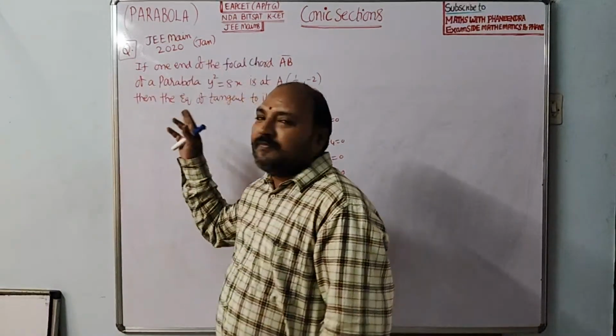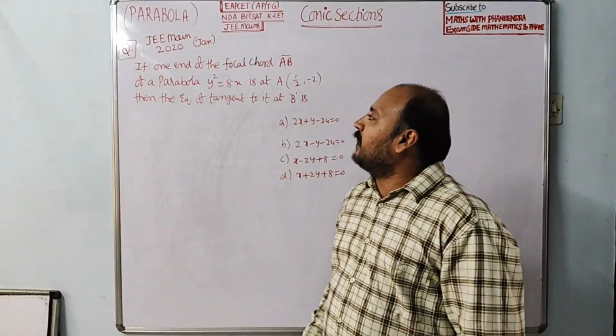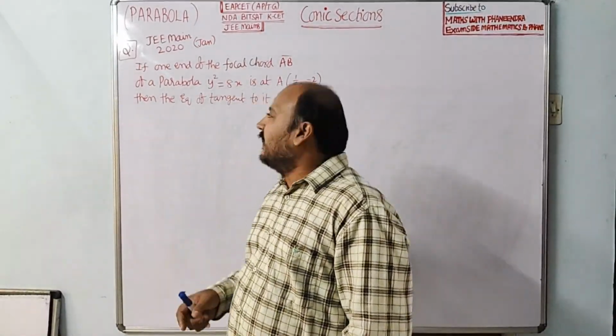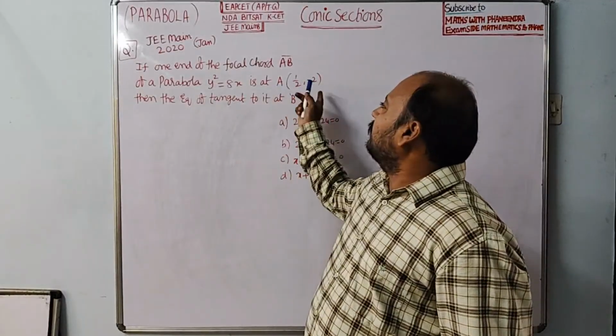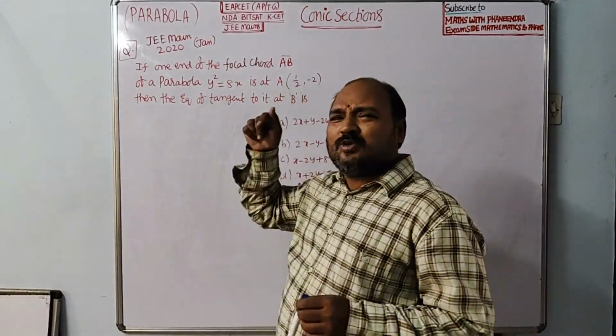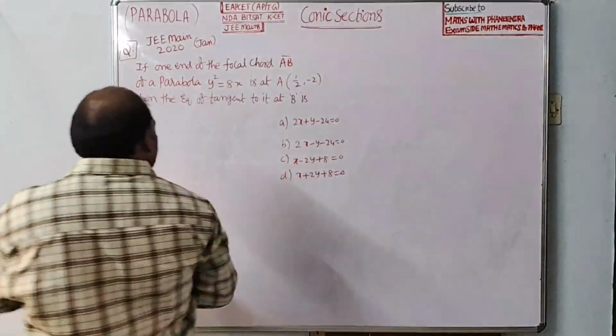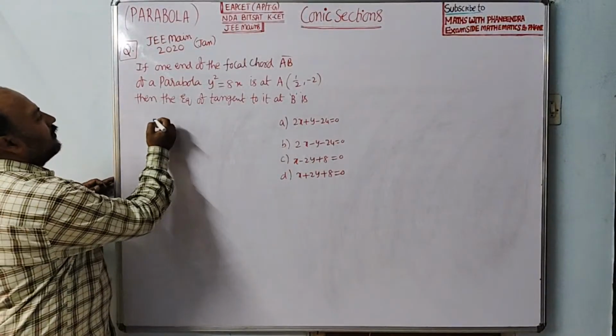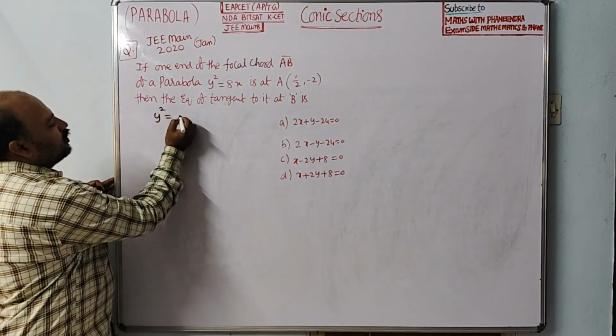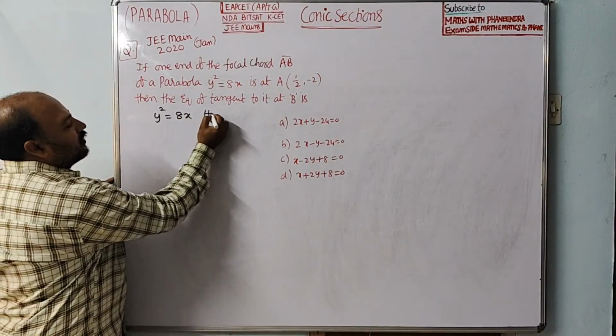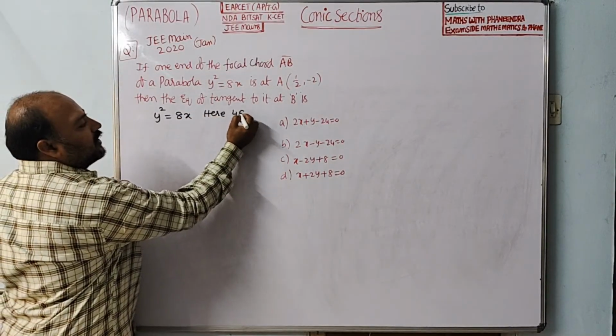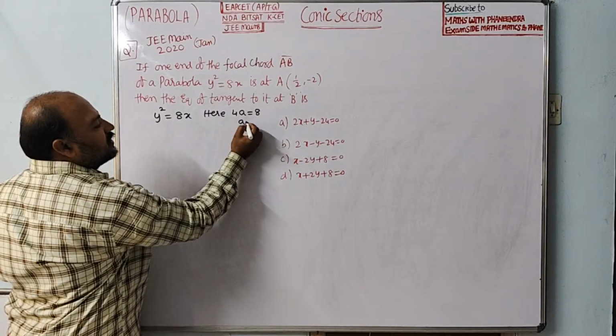Here one of the ends of the focal chord AB of the parabola y square is equal to 8x is at 1 by 2 comma minus 2. This point belongs to where? Fourth quadrant. Draw a rough figure of the given parabola y square is equal to 8x. Here 4a is equal to 8, a is equal to 2.